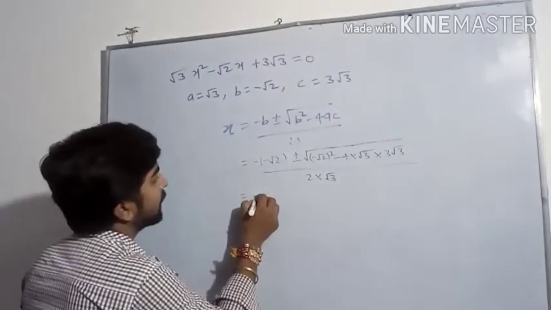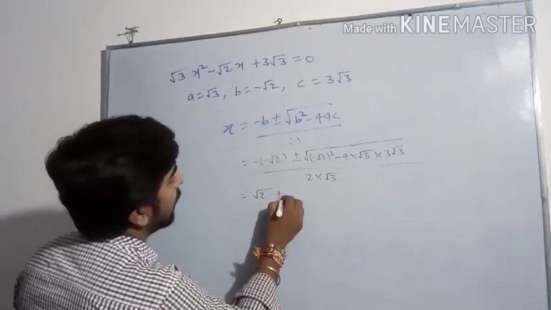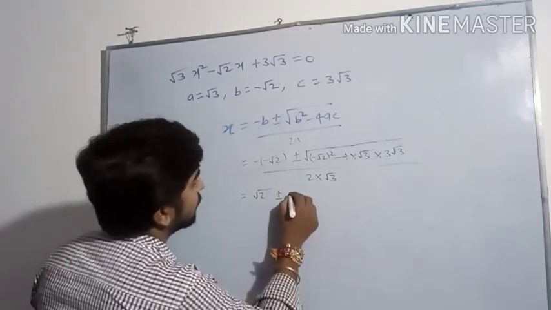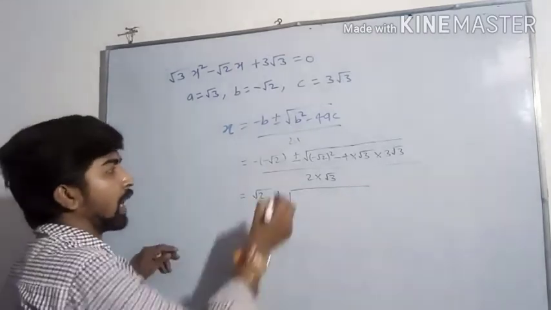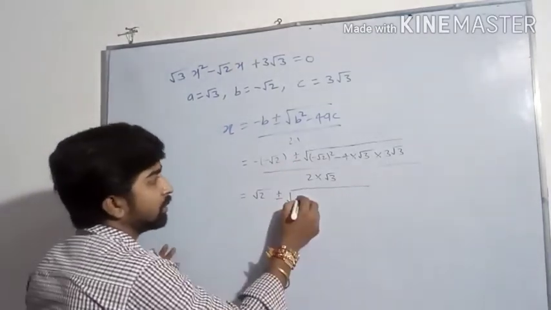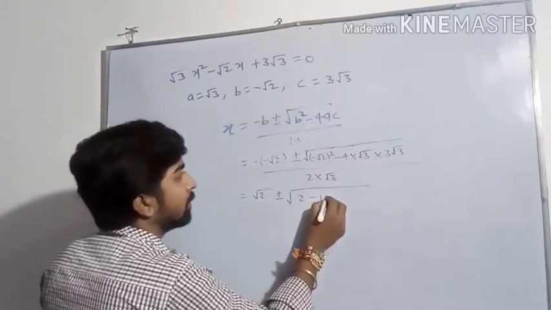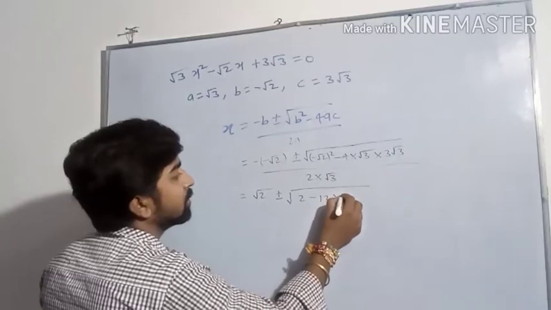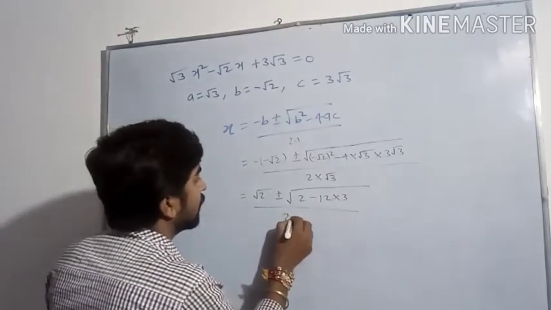Here minus minus gives plus under root 2, plus minus under root of the square of minus under root 2, which equals 2, minus 4 into 3, that is 12, under root 3 into under root 3 equals 3, upon 2 under root 3.